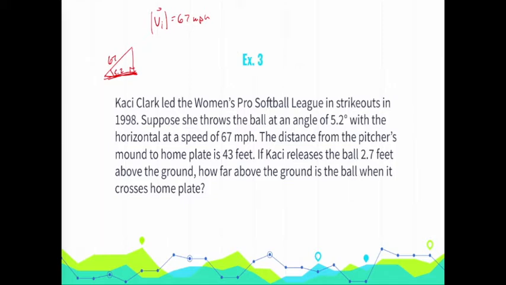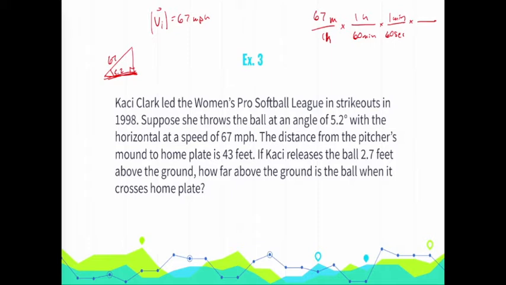We probably want to go ahead and convert that to feet. Probably feet per second would make more sense, because all of our other answers are in feet. So 67 miles in 1 hour. 1 hour is 60 minutes. 1 minute is 60 seconds.